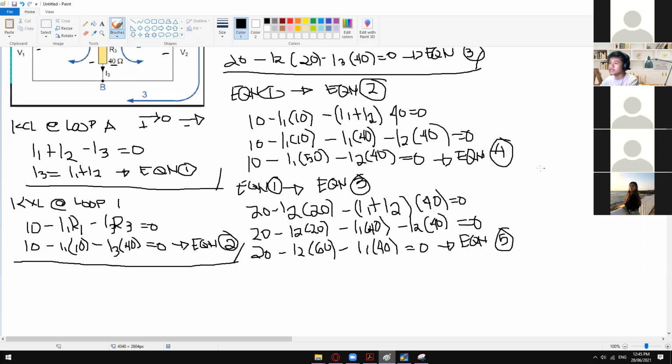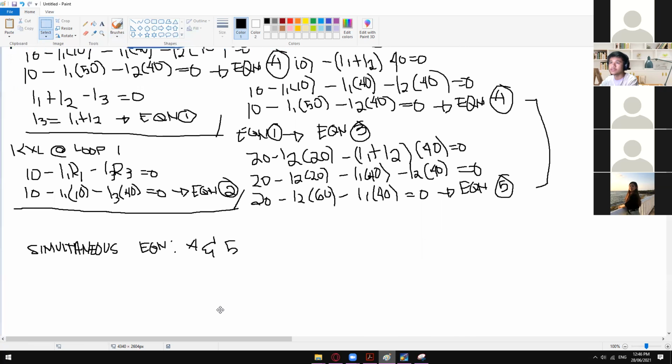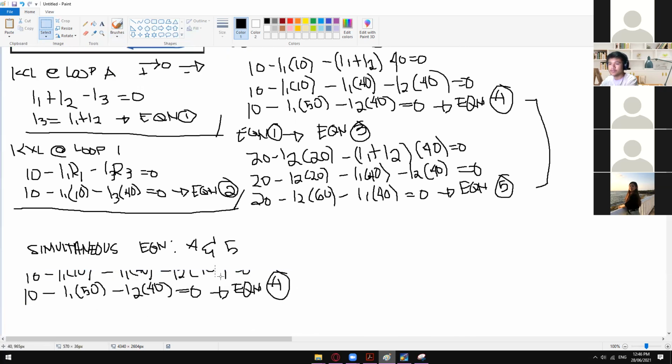From here, we can use equations number 4 and 5 to eliminate one of the variables. The method we're going to use is called the simultaneous equation process. So we take equations 4 and 5. I will copy this and paste it right here, and remove the unnecessary text.